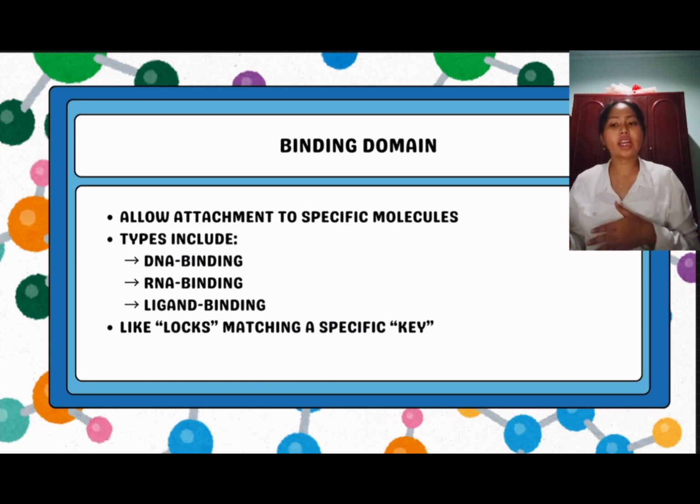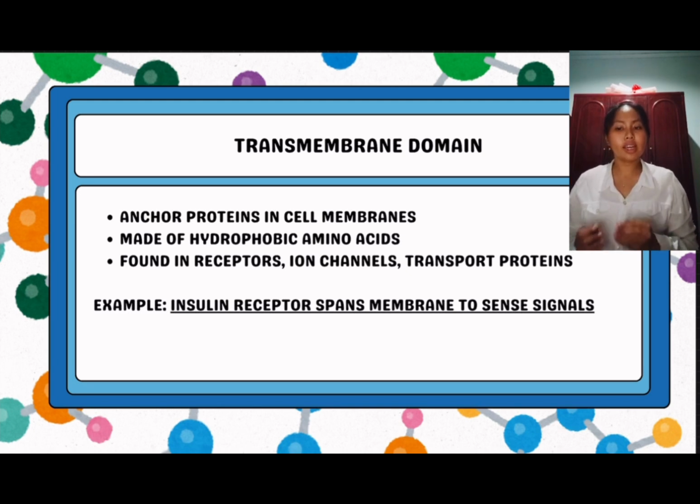Then there are RNA binding domains, which are found in proteins that regulate splicing, translation, or RNA stability. And then the ligand binding domains bind to small molecules like hormones, which often trigger a change in a protein's shape or activity. Basically, think of this domain as a lock. It is specially shaped to fit a certain key, whether it's a DNA segment, a molecule, or a signal.